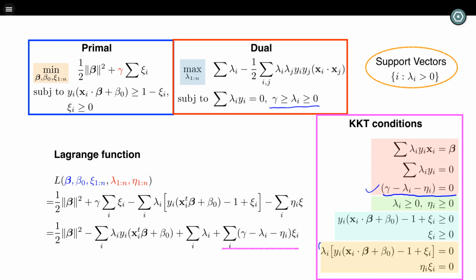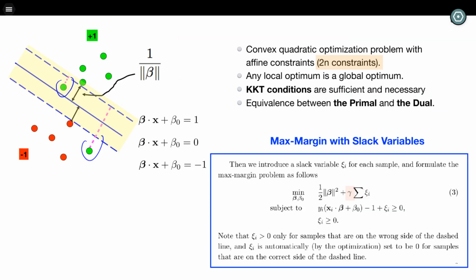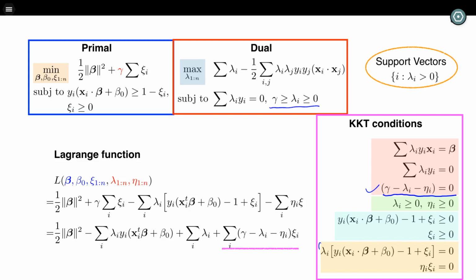So first let's look at the data points. Let's divide the data points into 3 groups. First group, those are the points on the correct side of the dashed lines. Following a similar argument we had before, for those points your Kxt i is going to be 0, and the part inside the bracket is strictly bigger than 0.